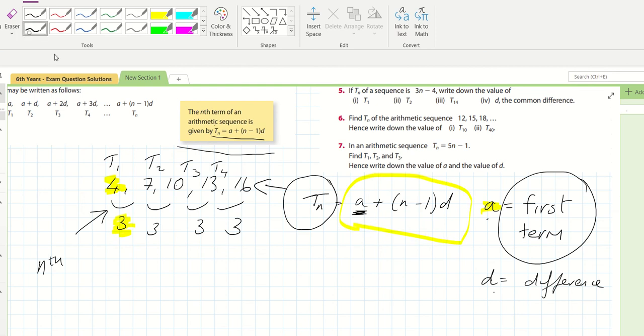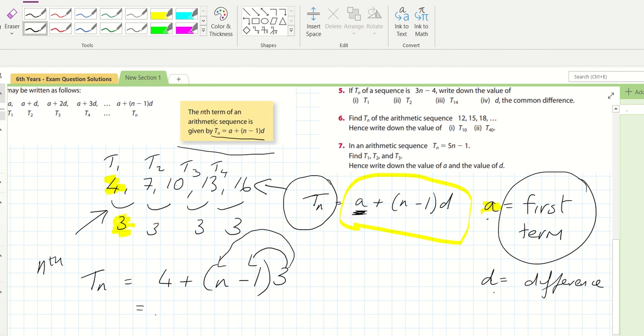Okay, so let's have a look. So T of n is equal to A, which is 4, plus n minus 1 times D, and the difference here is 3. So then normally we put our 3 in front when we're multiplying, but in this formula we put the 3 at the back. So it just means you have to multiply this way.